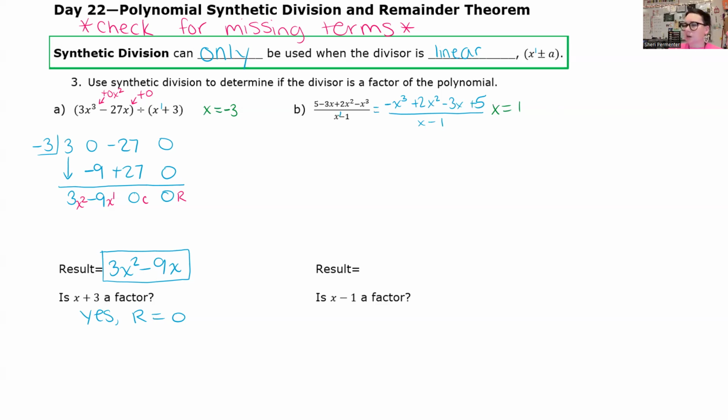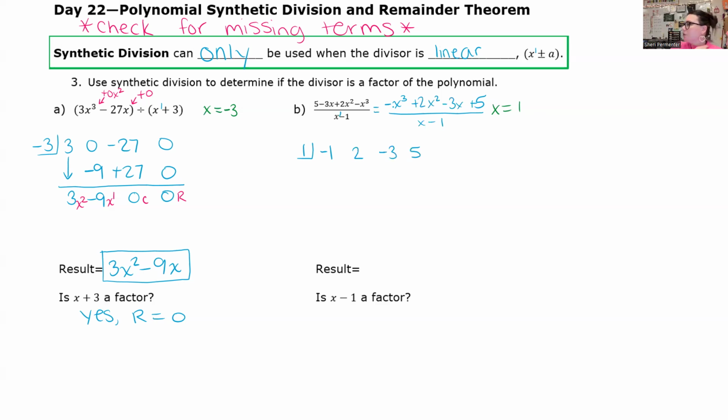I'm good. It was just all scrambled. It wasn't in the right order. So I'm going to set up my problem. I'm going to put 1 in the box. And then I'm going to only write down the coefficients. When there isn't a number there, what is it? 1. So I've got negative 1, 2, negative 3, 5.